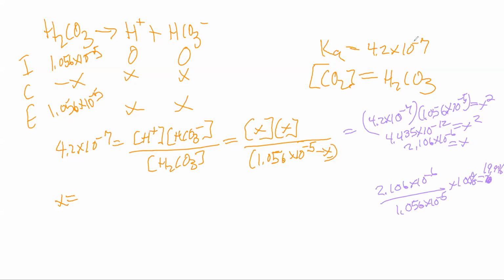So pay attention to the value of your Ka compared to your concentration. If we were at a much higher concentration, it would have been fine. But because our concentration of CO2 is so low, that's why we can't ignore it this time. So instead, if you go through the quadratic, you should get something like 1.9 times 10 to the minus 6.